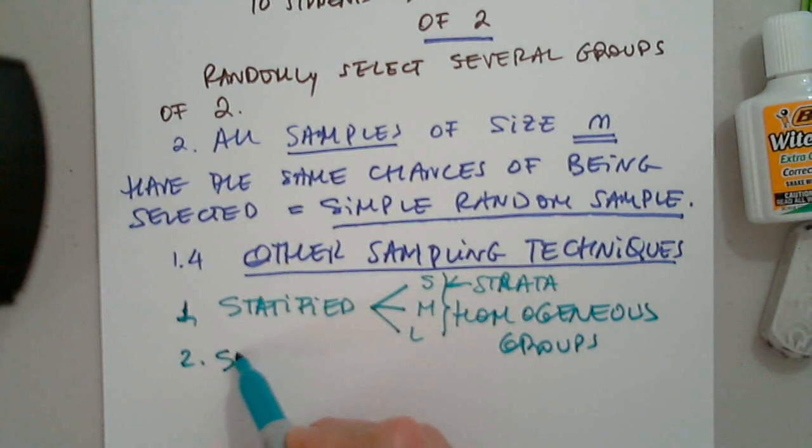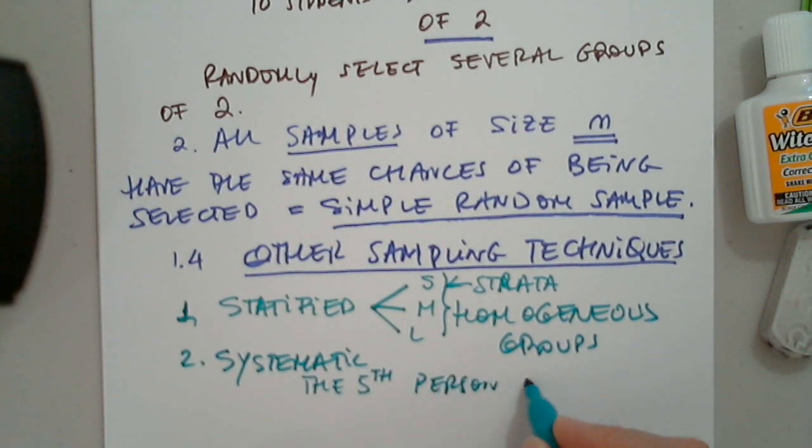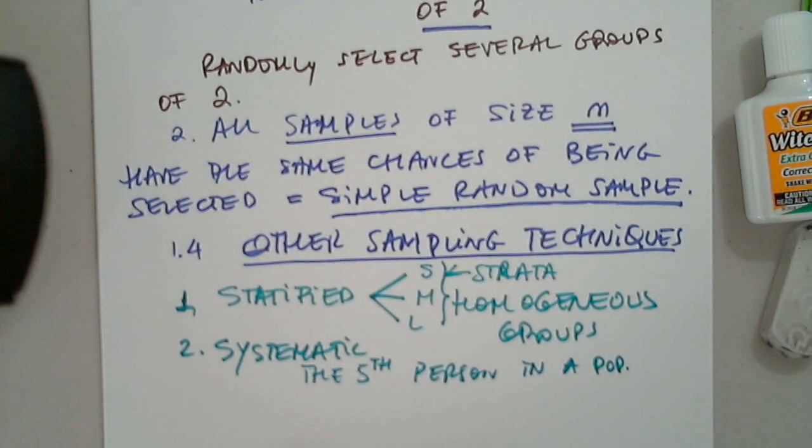Another one is called systematic. How do I create a systematic sample? Let's say the fifth person in a population. So I label everyone, and I call the fifth person.